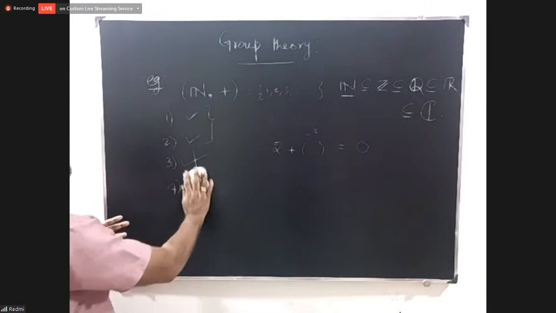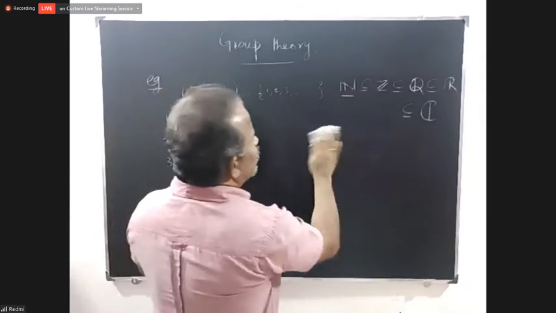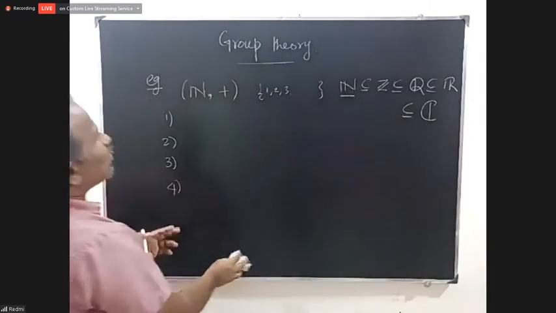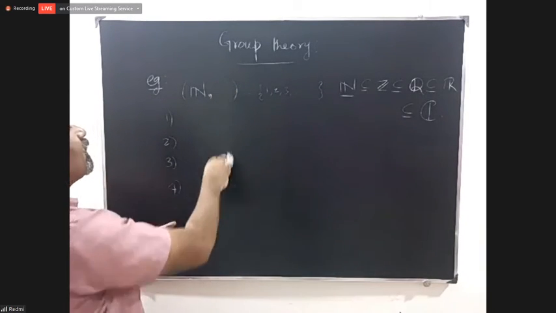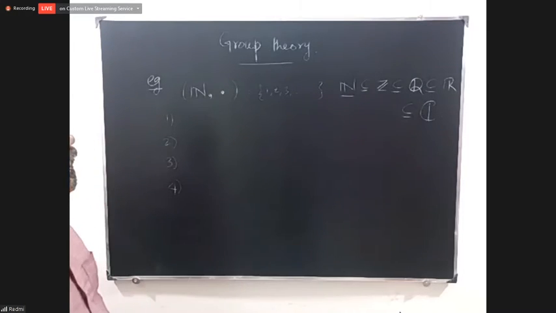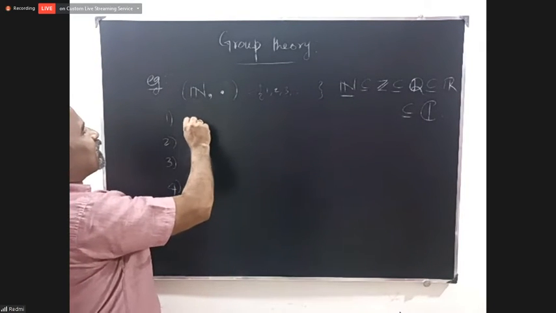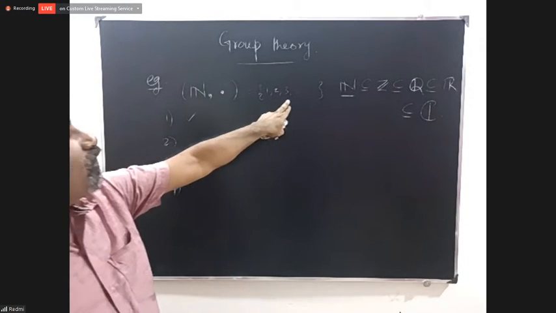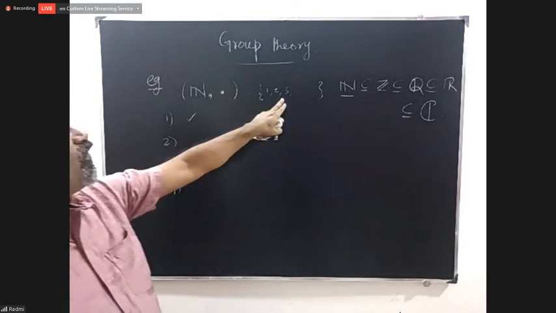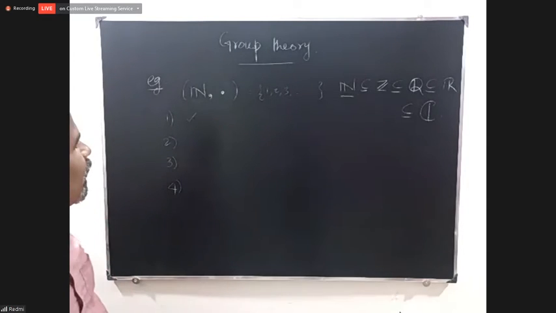So similarly, we start with the natural numbers. The natural numbers are not a group. Natural numbers are a semi-group with respect to plus. With respect to multiplication, closure property is there. The same kind of check: if you take any two elements and multiply them, definitely again it will be there.